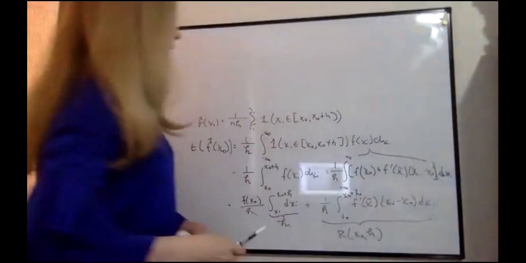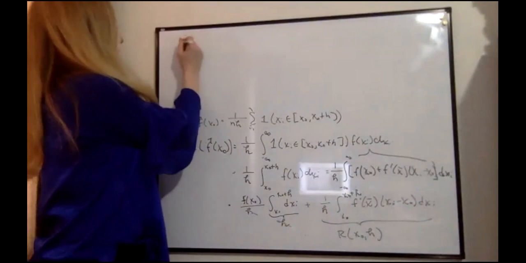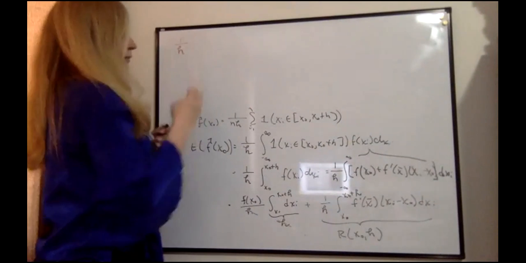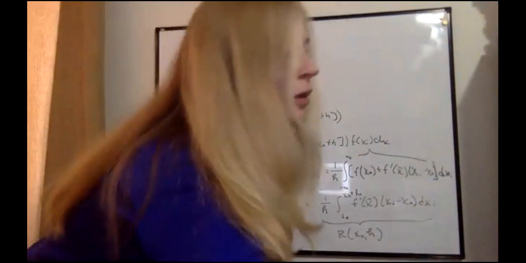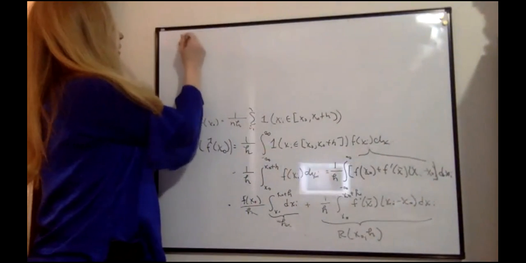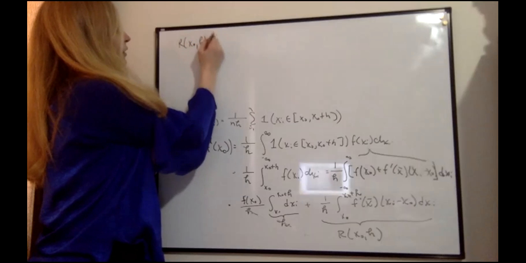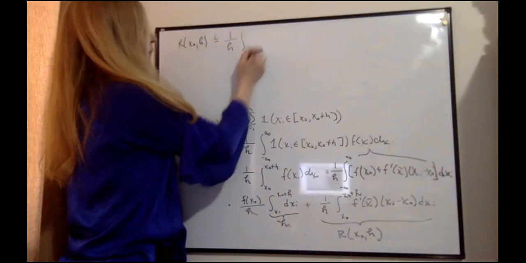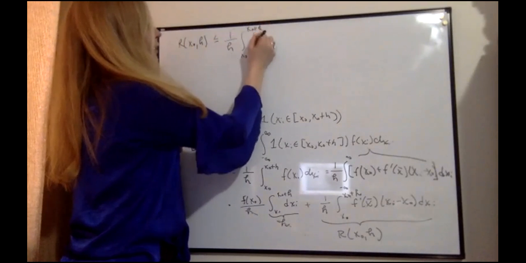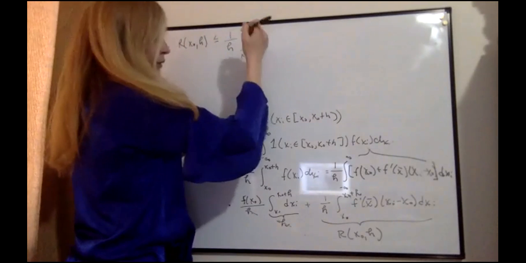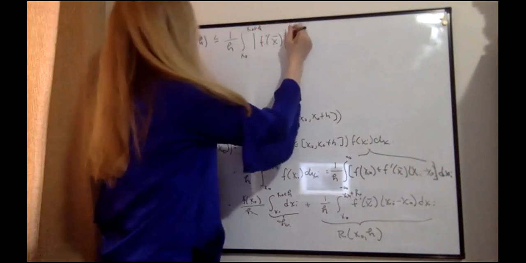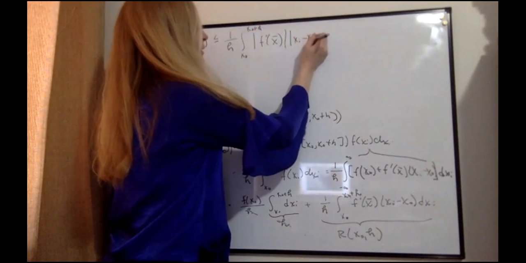So the remainder term, R of x naught and h, is less than or equal to, you can always put absolute value signs here, because we're just summing up things.